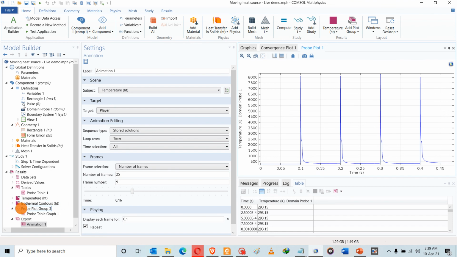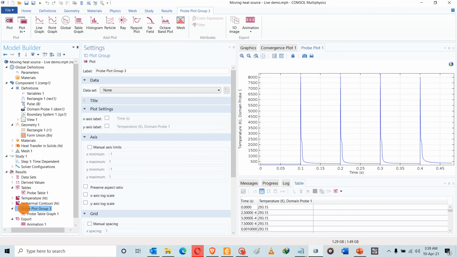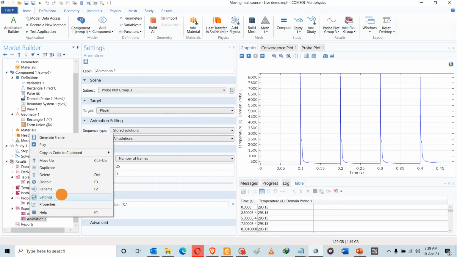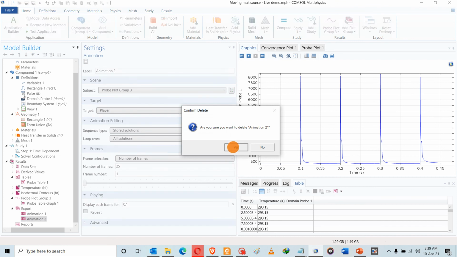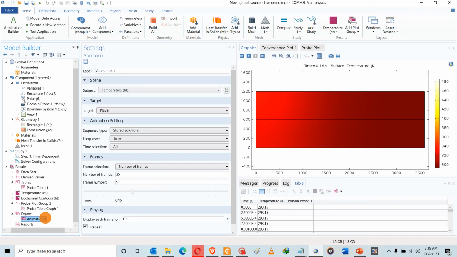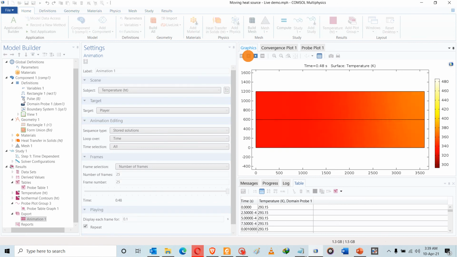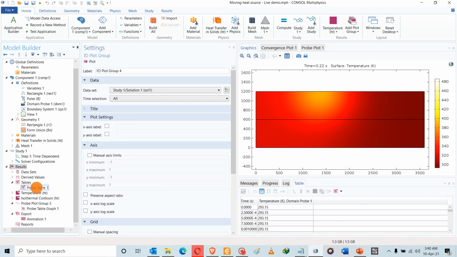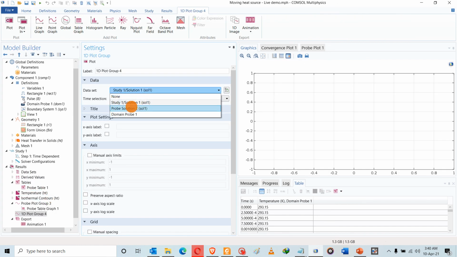Okay, and now this probe plot. Are we able to animate it? Okay, let's see. Okay, right. That's laser pulse. We add a 1D plot. Will it be able to generate the frames?